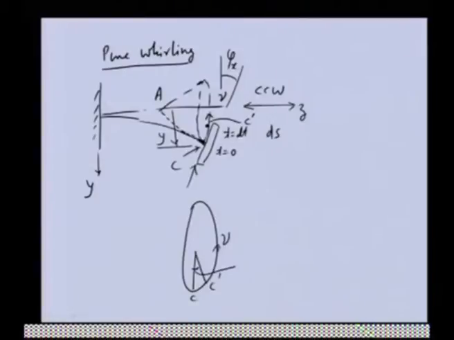So, the tilting of the disc is given by phi x, and the translatory displacement of the disc is y. So, we will have this particular angle as nu into delta t. So, this is the angle which the disc will traverse from C to C prime.